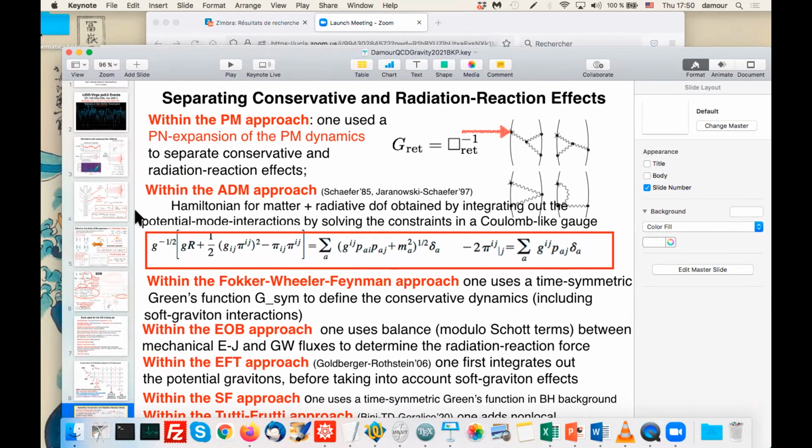The problem is that the radiation reaction, in the equations of motion, if we talk about the Hamiltonian, we are at the level of equations of motion, then the radiation reaction starts at G square. We are thinking about this explicitly.